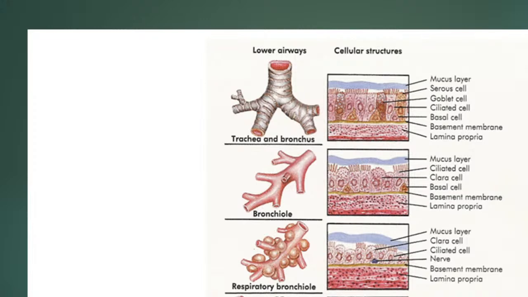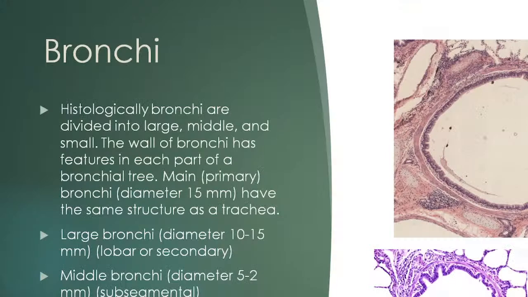They are also responsible for detoxifying harmful substances inhaled into the lungs. So they have a protective function. And again, here we can look at small bronchi, which has lower epithelium, sometimes columnar, sometimes cuboidal, lamina propria, and rings of smooth muscle tissue.